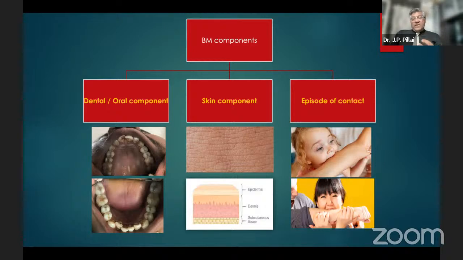The victim may give some information that the accused has bitten me from the front, but in that bite mark, it will be reversed. So that will be useful in extracting the real truth, or understanding the real truth behind that particular incident. So episode of contact is also one such thing we need to understand.